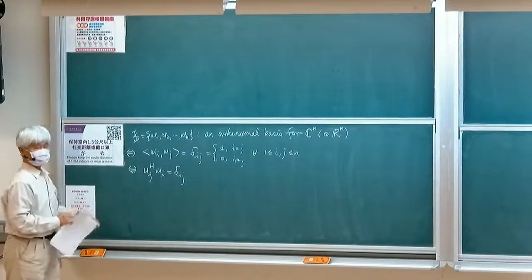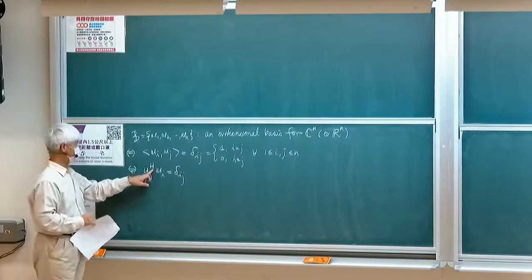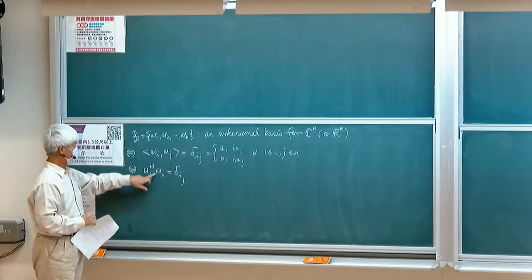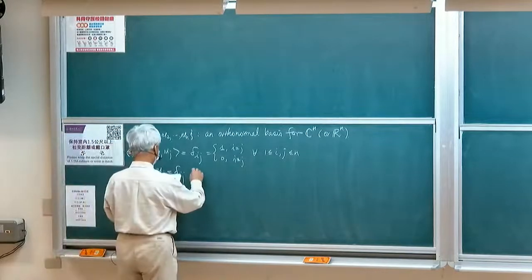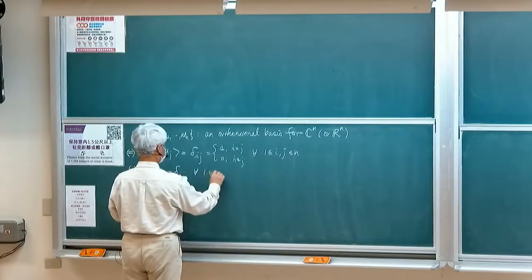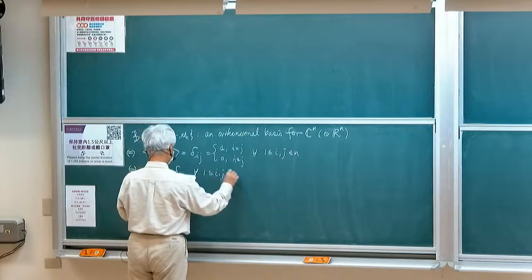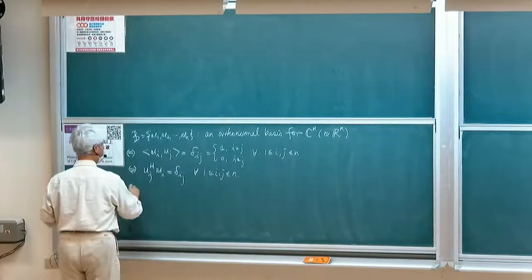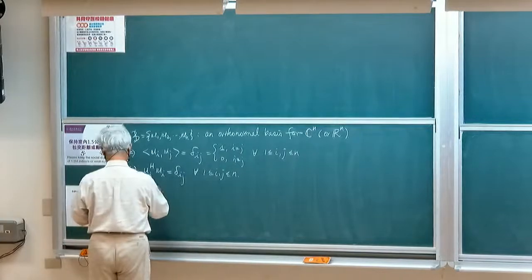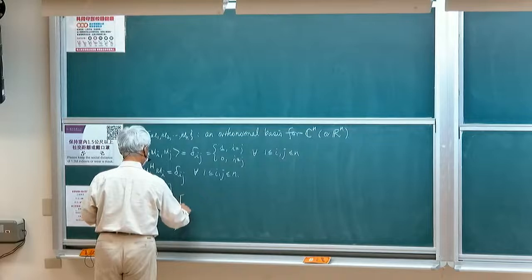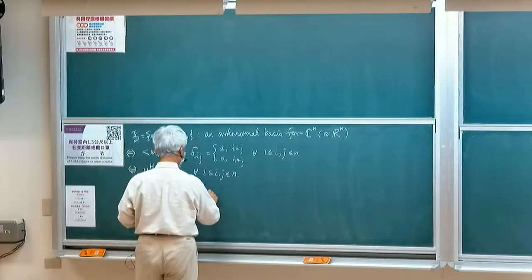So the Hermitian transpose, the Hermitian of Uj, multiplied with Ui, gives you delta ij. All right, and then this relationship can be written into a matrix equation.